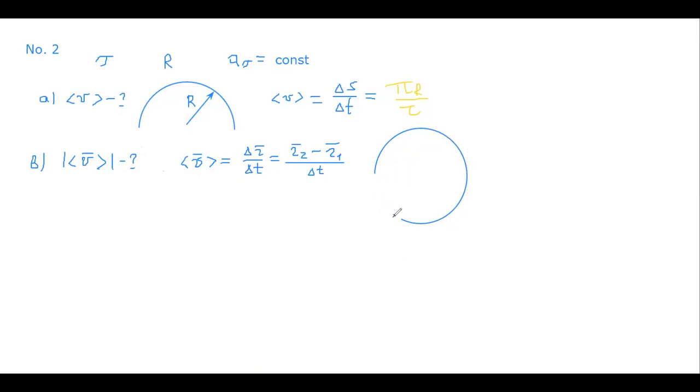This is the path that a point has traversed. The path is a half of a circle, and x, y, the reference point or origin.